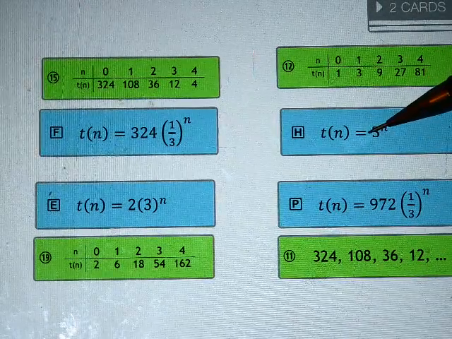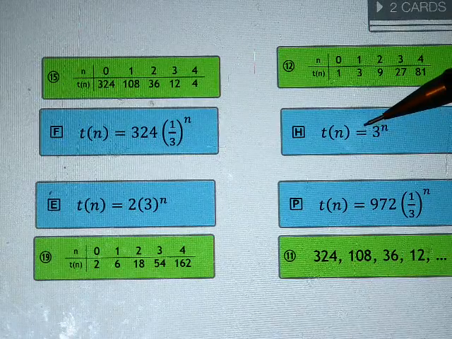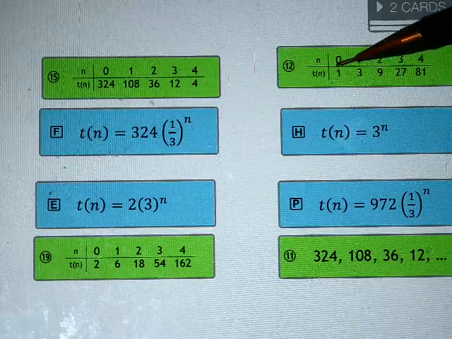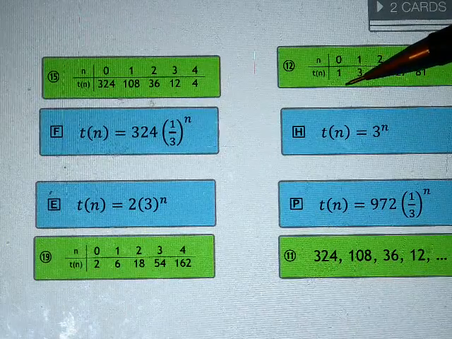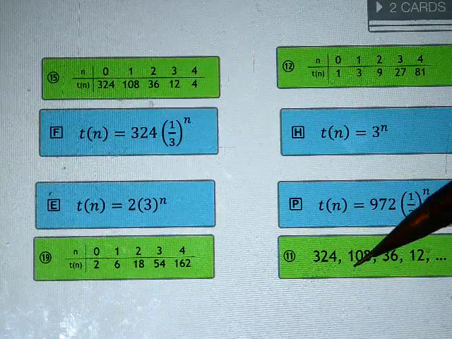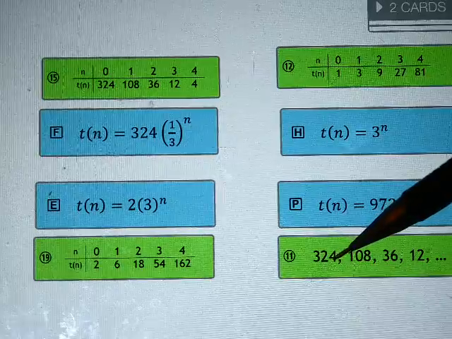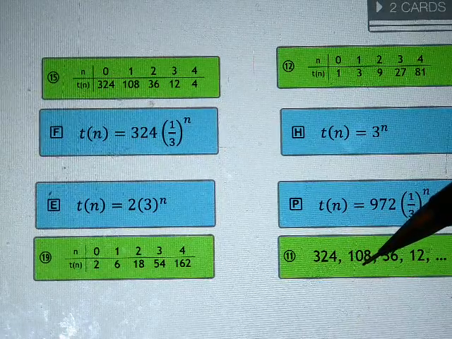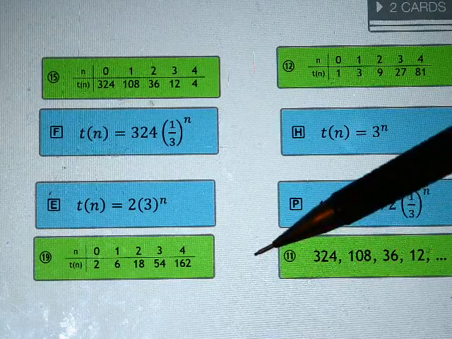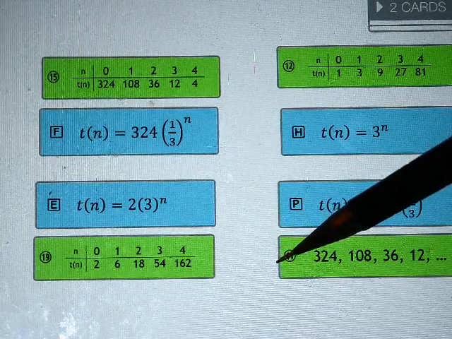This one looks like it's missing an initial value, but technically there's a 1 before that 3. So 1 times 3 could definitely be an invisible number 1 there, and sure enough, the initial value is 1. This last one is a little tricky because it doesn't have a table. But if you extended backwards, because remember 324 would be the first term, 108 would be the second term they give us. If we went backwards, the pattern would have extended backwards, and this number before 324 would have been very big, 972.